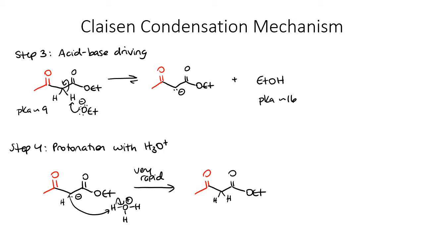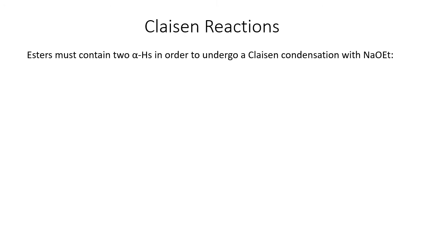If we do not draw steps 3 and 4, then we're essentially drawing an incomplete mechanism that would not exist. So it's important for this reaction to understand each step of the mechanism and how it contributes to forming our final product.